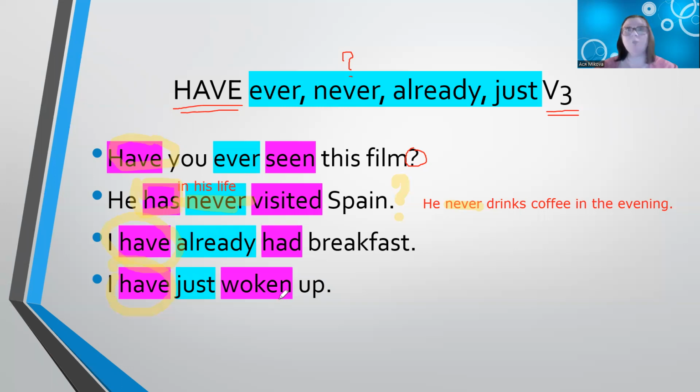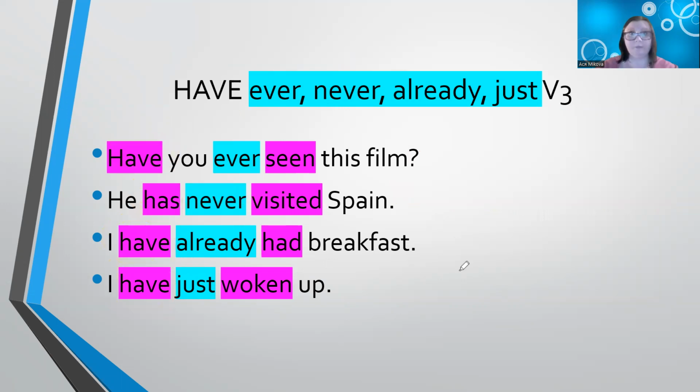Я только что пообедал. I have just had lunch. Я только что съел сэндвич. I have just eaten or had a sandwich. So, these four adverbs we use in the middle between have and the third form.